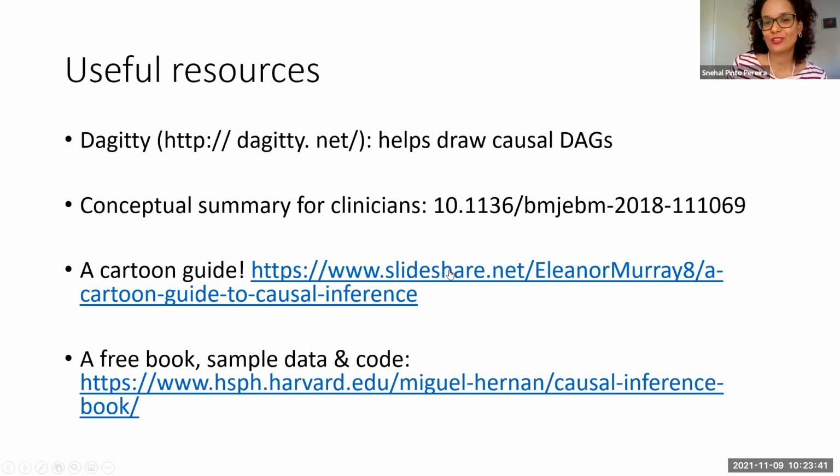I even found you a cartoon guide on causal inference, which was quite entertaining. And if you're super into causal inference and want a good handle on these methods, there's a free book from Harvard, with sample data and code that you can use, by a group that does really good work.